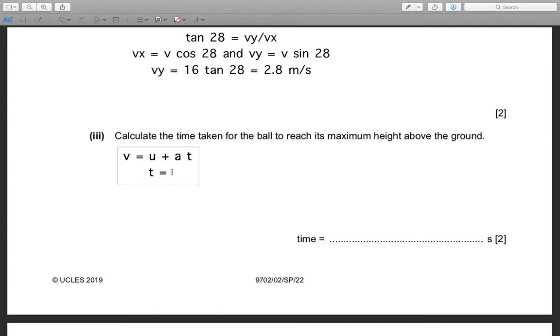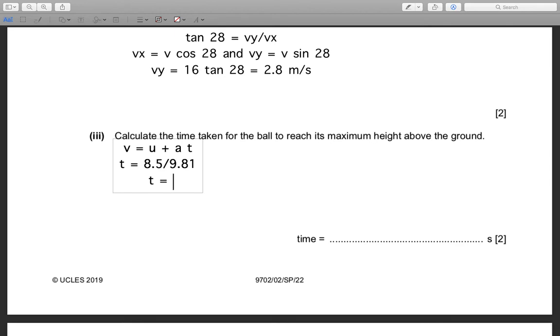We use 8.5, as I got before, divided by a, where a is the gravitational acceleration, 9.81.